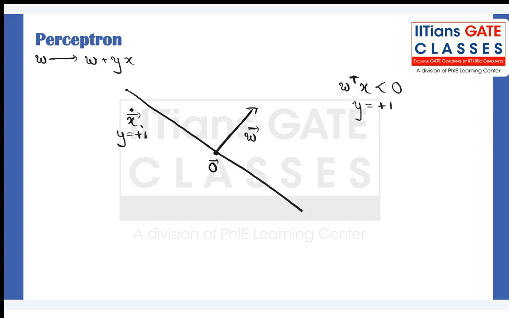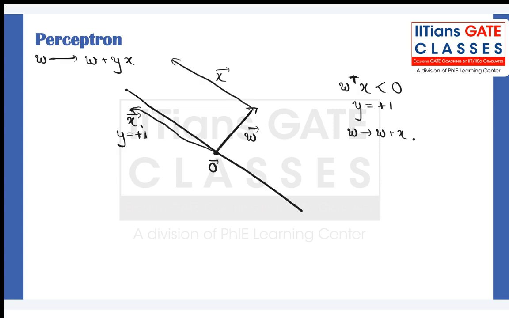And accordingly, what it will do is it will try to update w with w plus x, which is vector addition. So let's say this is the vector x. So you just replicate it here, vector x.